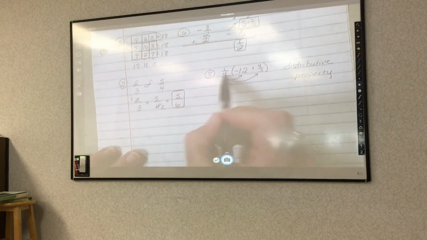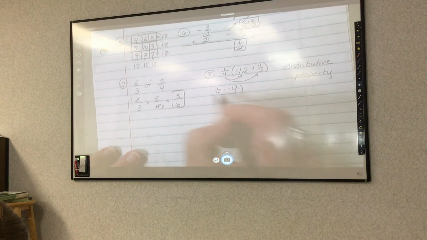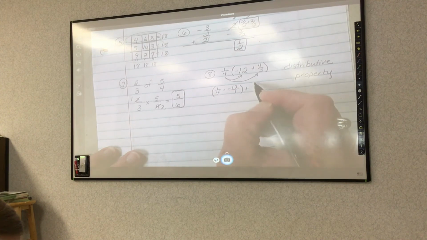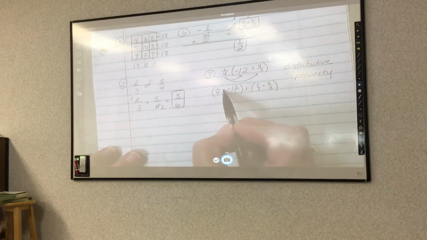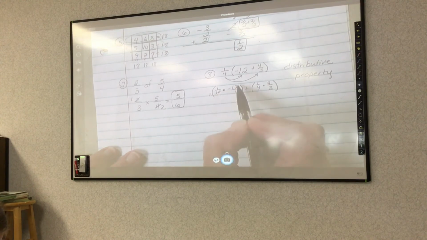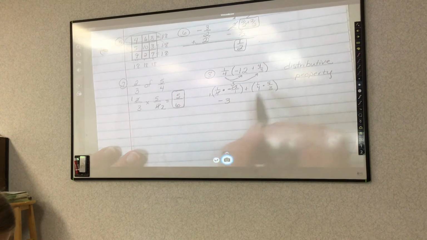So I'm gonna take 1/4 times a negative 12, so 12 goes over 1. Plus 1/4 times 4/3. I'm going to reduce by 4, so that 4 becomes a 1, the 12 becomes a 3. 1 times 3 is 3, 1 times 1 is 1, so that's a negative, so it'd be a negative 3, because it's over 1, so that's just still negative 3.